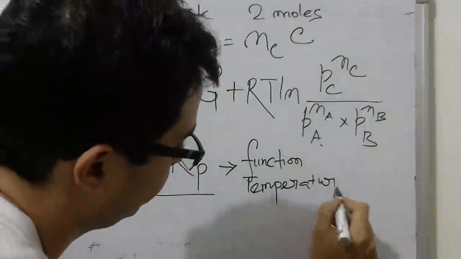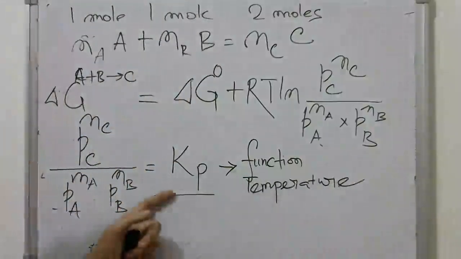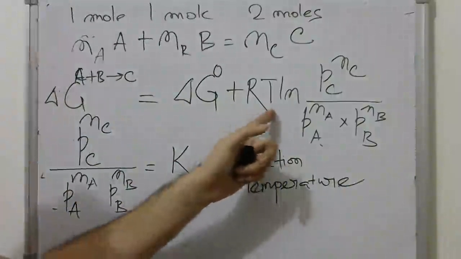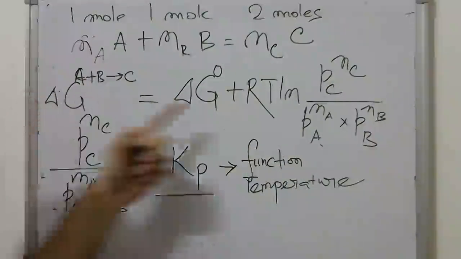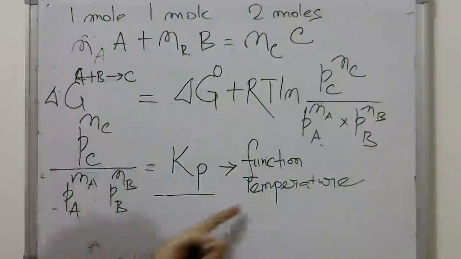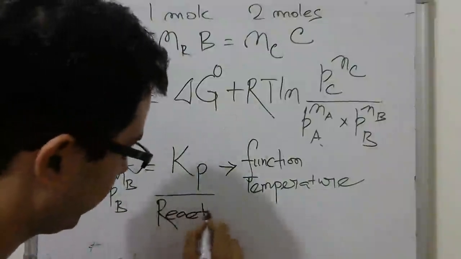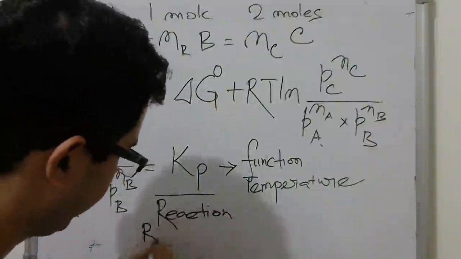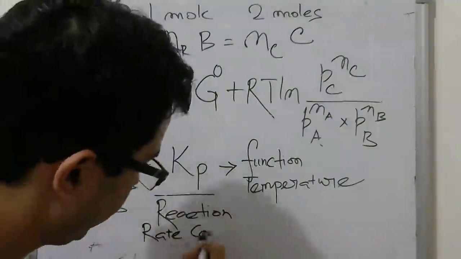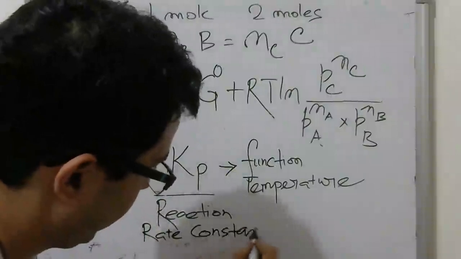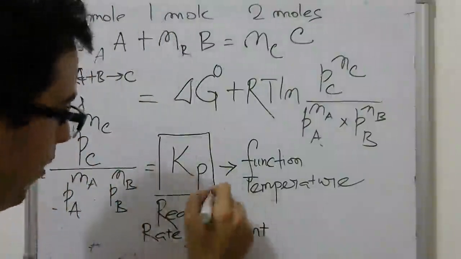Please note it. The only variable, when we do the calculation, we will find it. It is only used as the reaction rate constant, Kp.